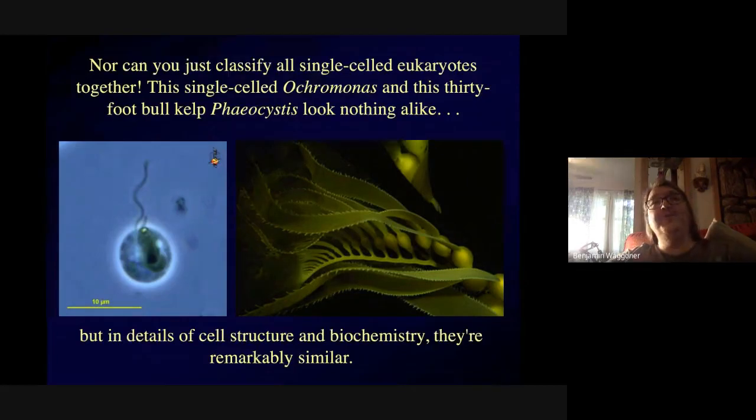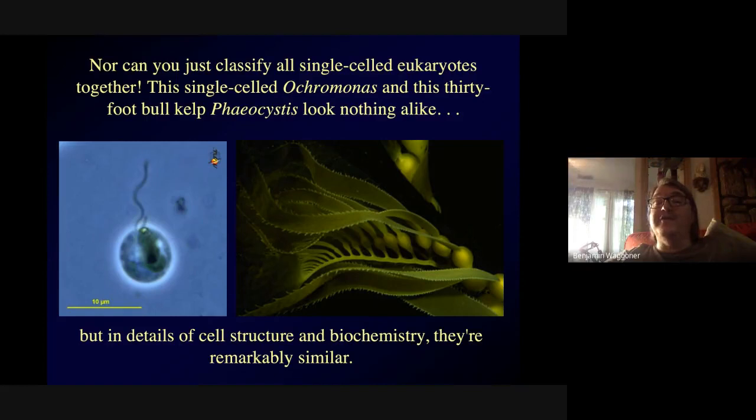And I still use protist a lot with this meaning of a single-celled eukaryote. But if you're going to do things by common ancestry, it doesn't work. Over there on the left, you've got a less than 10 micron single-celled critter called Ochromonas. It's kind of a round cell. It's got a pair of flagella, and it's got a chloroplast with, in addition to green chlorophyll, it's got some pigments that make it look brown.